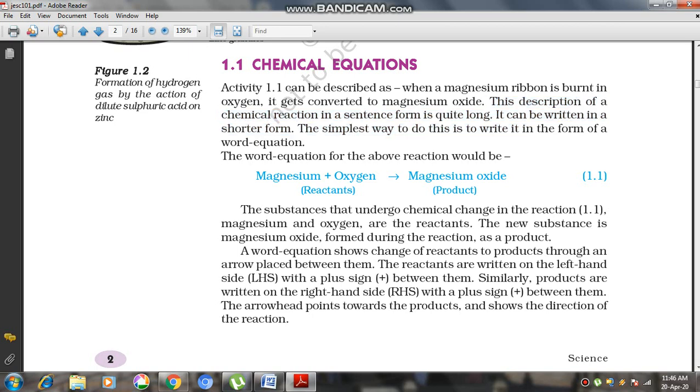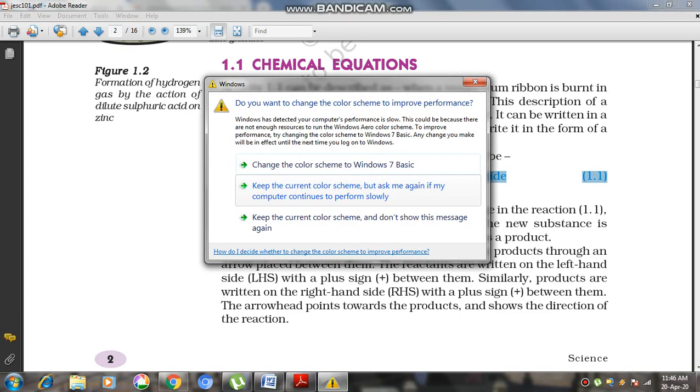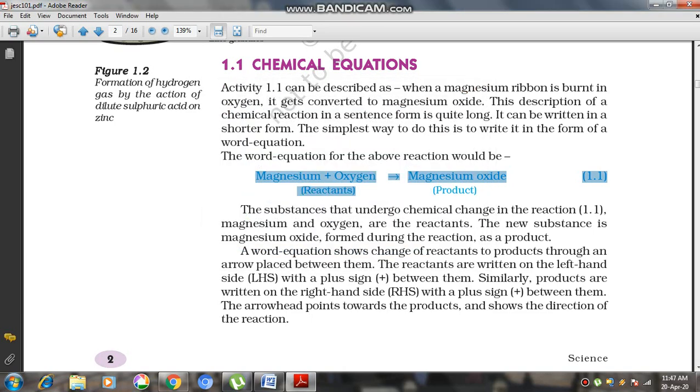A chemical equation is made up of two components, reactants and products. On the left hand side there are the reactants, and on the right hand side there are the products. The product is made from two different or the same reactants.